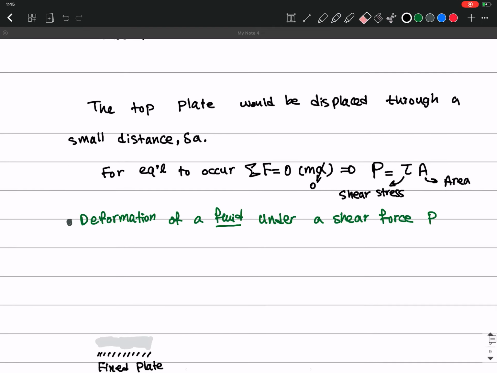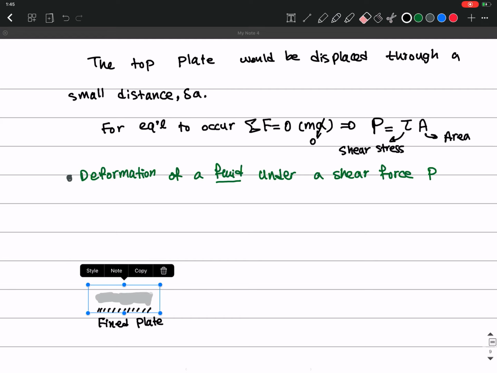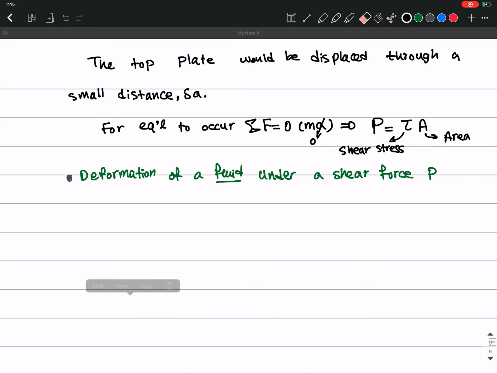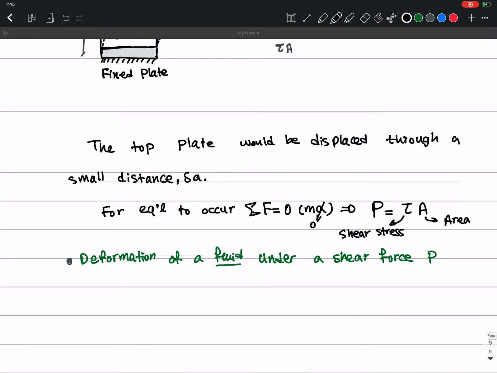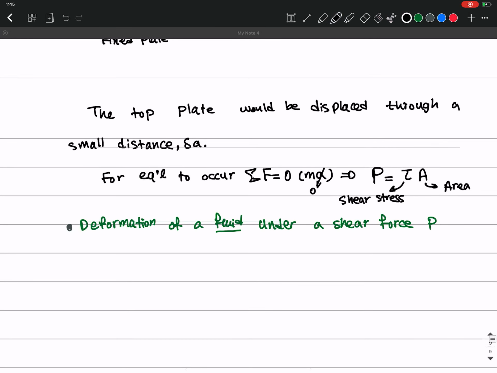Seems it's not copying everything, so let me just draw it again.